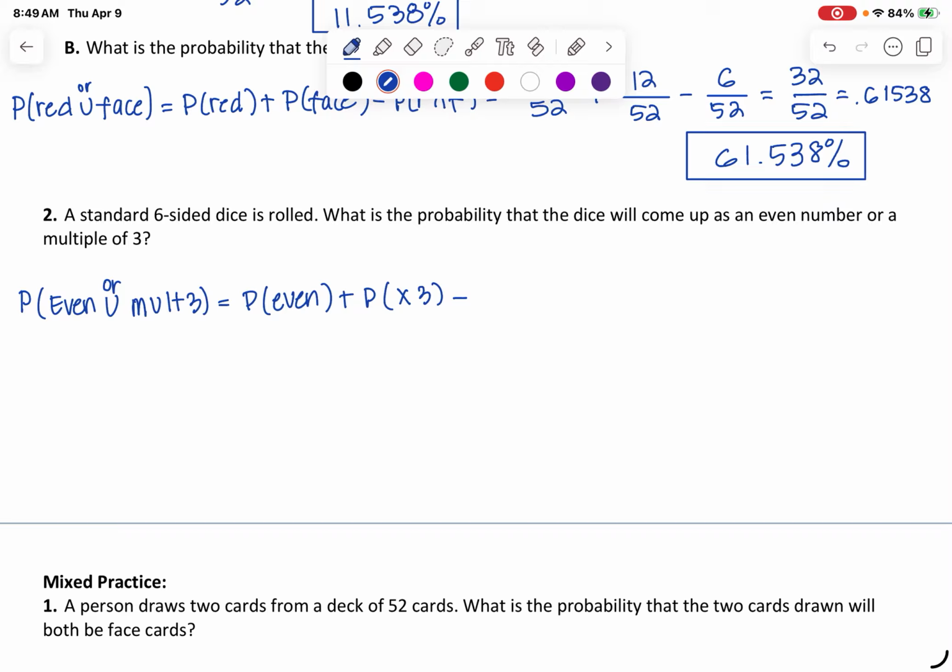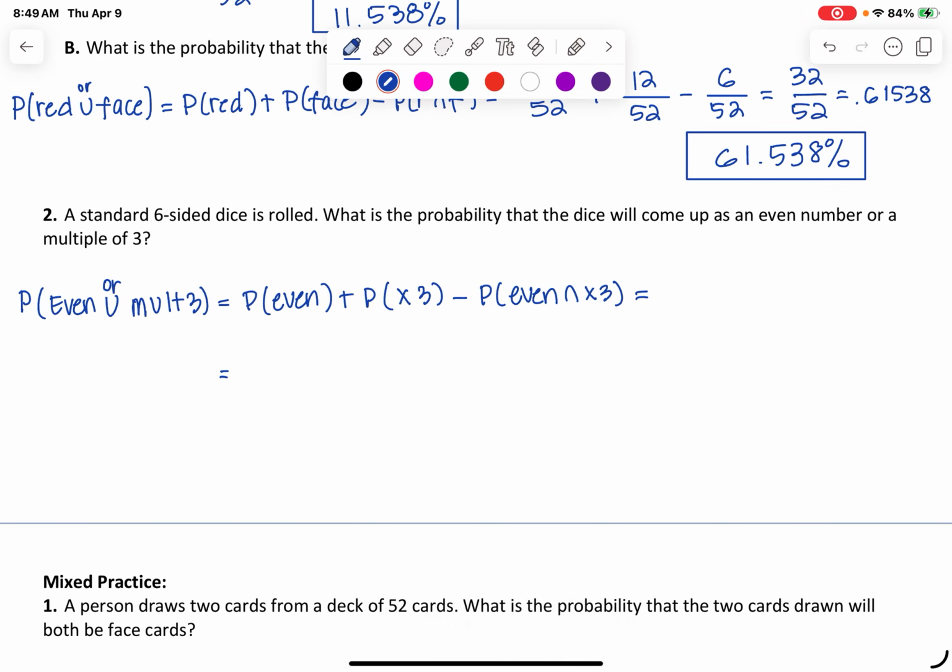Are there any even numbers on a die that are multiples of 3? Yes. So I need to subtract the probability of even intersection multiple of 3.